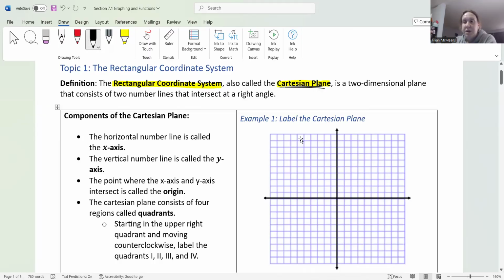This is a two-dimensional plane that consists of two number lines that intersect at right angles. You can think of it as a grid, a plane on which we can represent equations in two variables. And just to be clear, the variables are going to be x's and y's typically, okay?